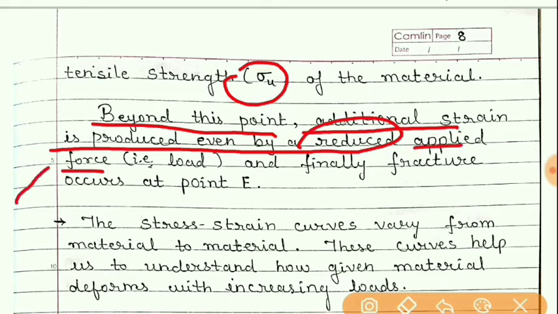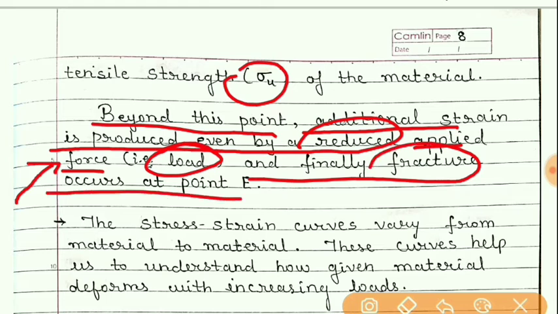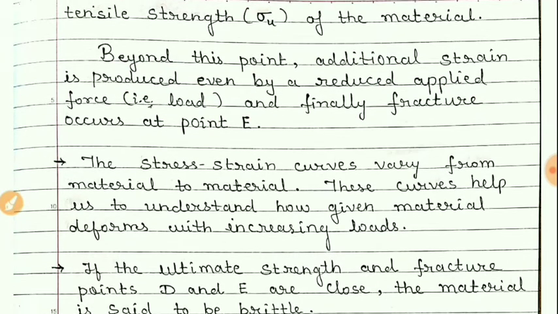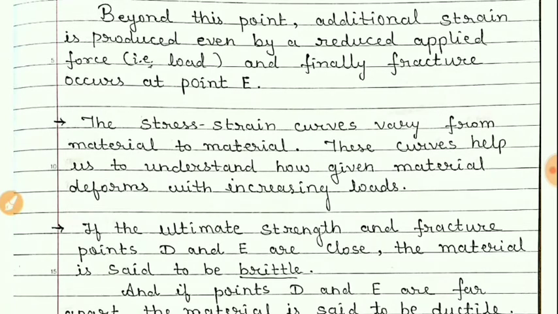And how can we reduce the force? By reducing the loads which are kept in a pan. And finally, what happens? Finally, fracture occurs at point E. And so E is known as the fracture point.